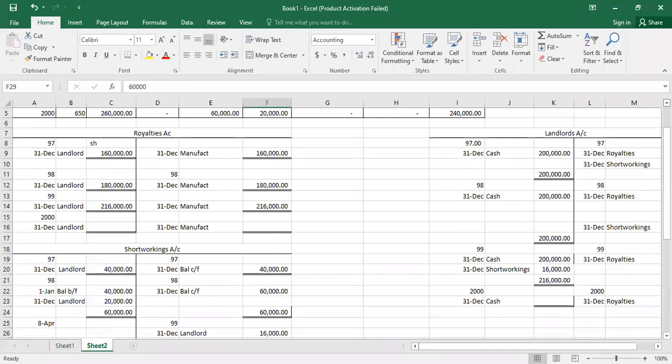So which book have we not affected? Which books have we not closed? The 2000. Or we haven't done the 2000? Yes. I'm looking at the landlord's account.